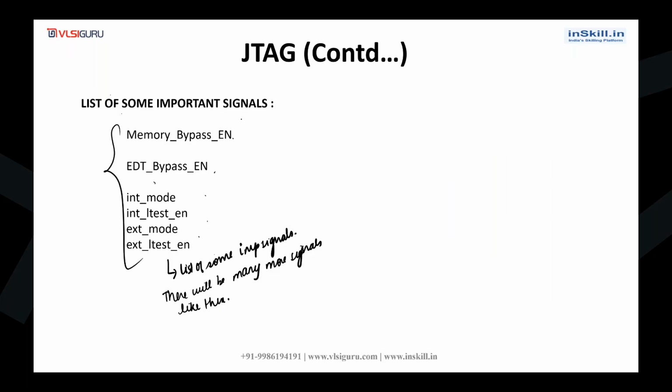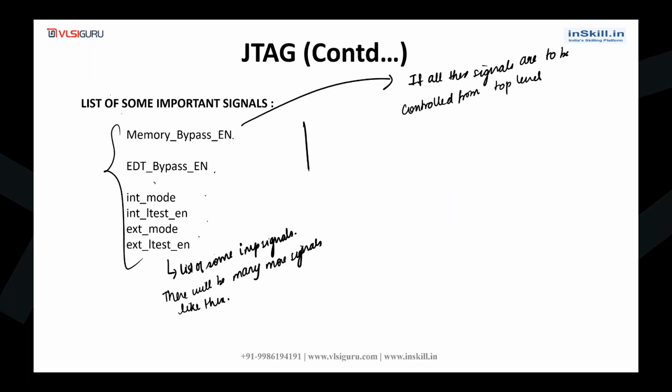Now, if all these signals are to be controlled from the top level, you are allocating a top level port to control the memory bypass enable signal, one top level port to control the EDT bypass enable, one top level port for int mode, one for int testable, one for X mode, one for X testable, and so on.